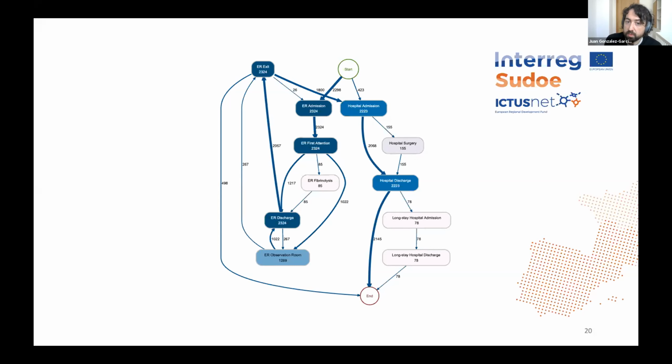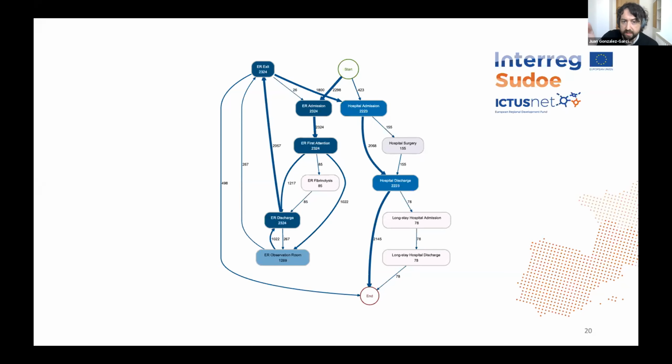There have been some cases where it went directly to hospital admission. This is pretty strange, but we have discovered that there were some planned surgeries for previous transient episodes, and this is the reason that in some cases the stroke caregiving process started directly at the hospital.